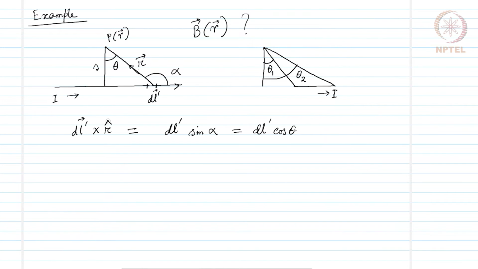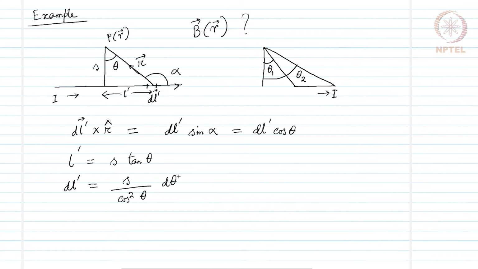The direction points outside of the screen. Now, if we write L prime as s times tangent of theta, that means this length is L prime, then we can write dl prime as s over cosine squared theta d theta.